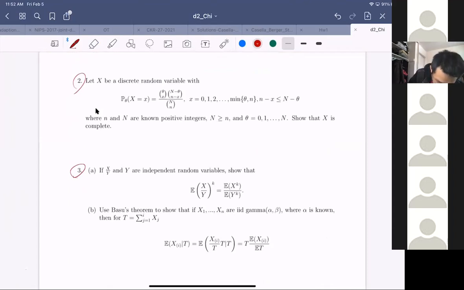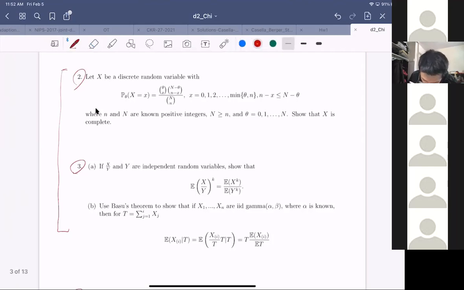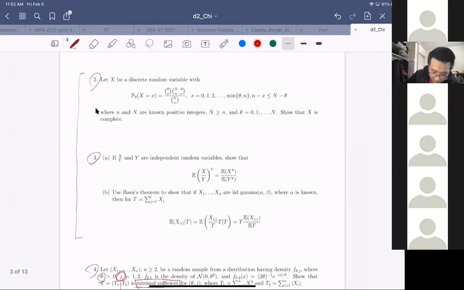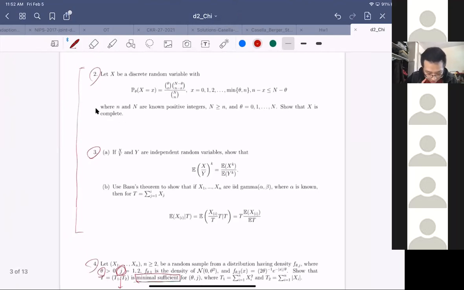I'll give you 5 minutes to look at the question, and I will show you how to do it after that. Could you post the solutions to these problems on Canvas? Yes, I will write down a solution.